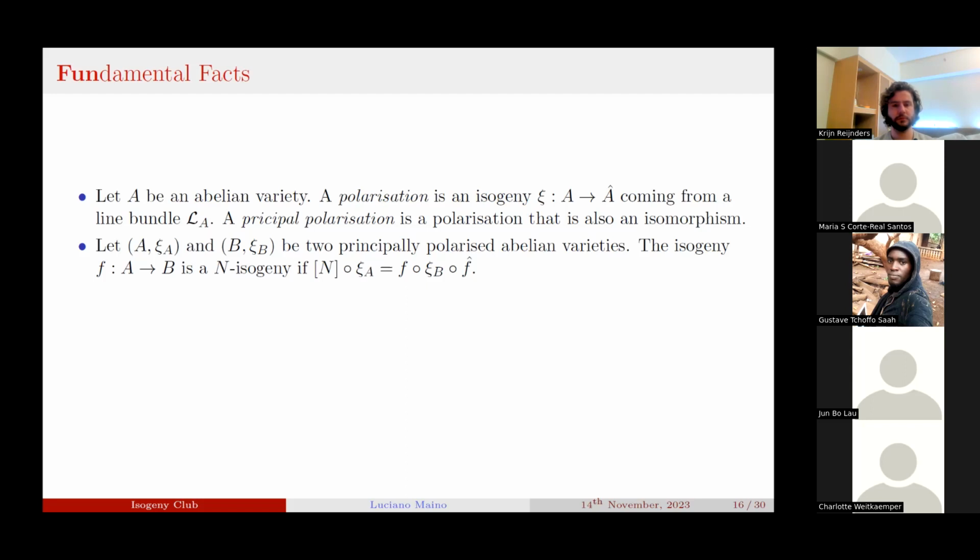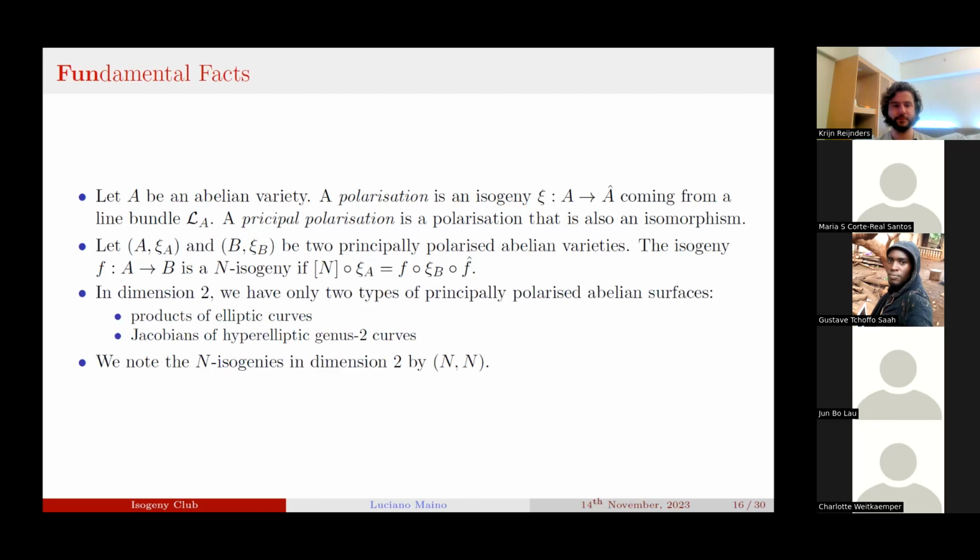This condition is automatically verified for elliptic curves, but when we go up in dimension, we need to be sure that we work with principally polarized abelian varieties. Now, for the case at hand, let's just focus on dimension 2. And in dimension 2, we just have two types of principally polarized abelian surfaces.